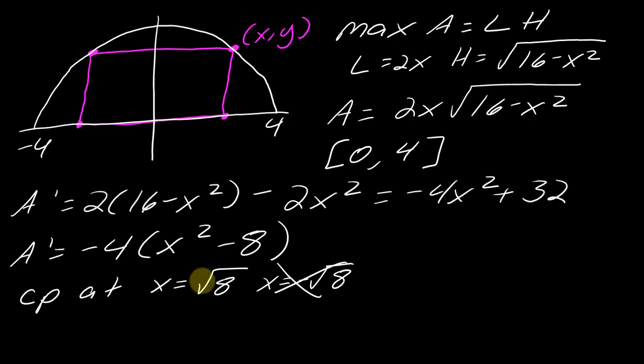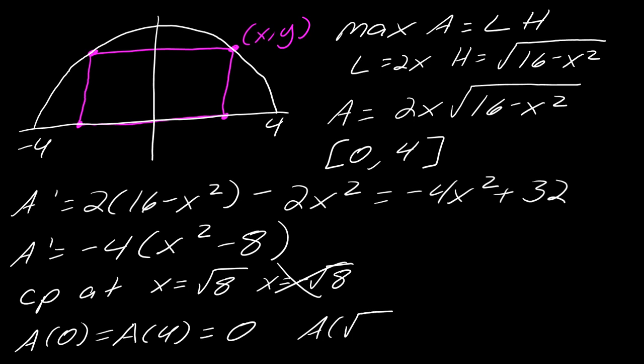So now, since this is a closed domain, I just have to consider what happens when I plug in each of these points. So A of 0 and A of 4 are equal to the same thing. They're both equal to 0. And then if I take A of the square root of 8, this will give me 16.